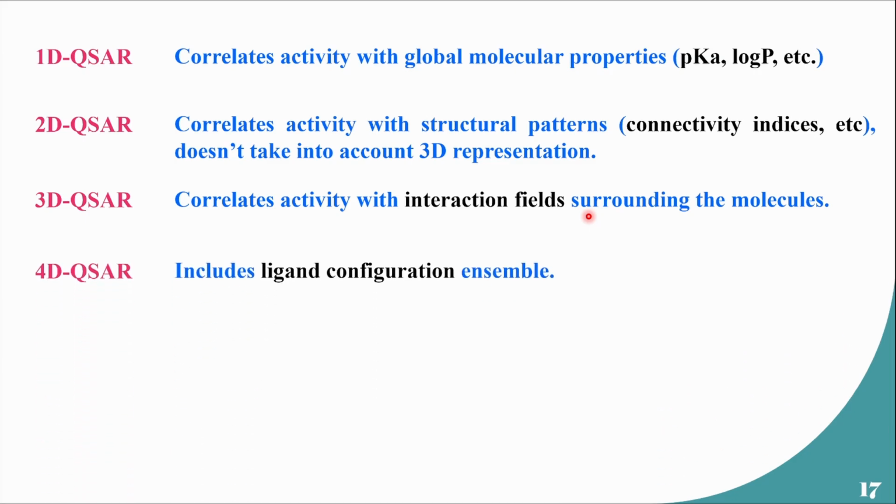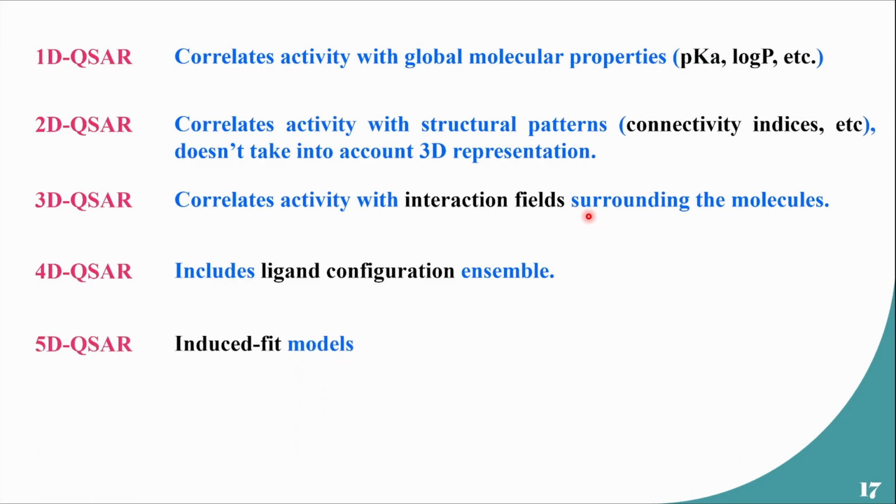Now 4D QSR includes the ligand configurational ensemble. An ensemble is a group of different configurations that the ligand can adopt, and in 4D QSR all types of different conformations are taken into account, analyzing the overall ensemble to get the proper structure activity relationships.